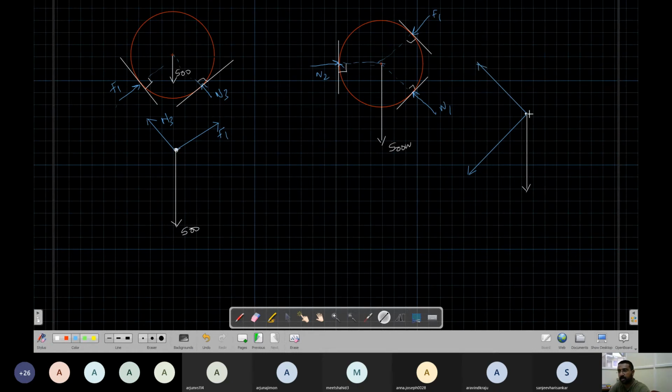Then this force is in this direction. So this is a little bit more complicated. So this is N2. This is F1. This is N1. And this is 500.